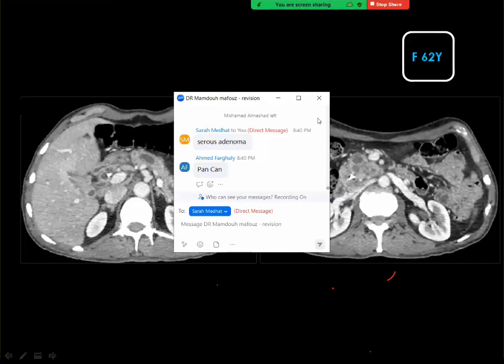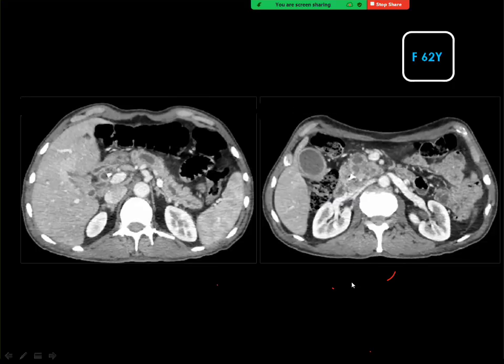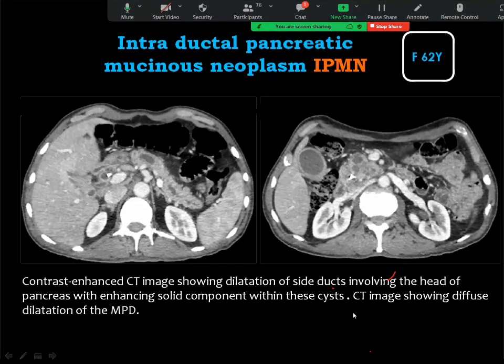Serous cyst adenoma, pancreatic carcinoma, IPMN. Yes, this is right, IPMN. Yes, this is an intraductal pancreatic mucinous neoplasm. It's very important if you see that the main pancreatic duct is dilated. And if you look carefully at the pancreatic head, you do not see a mass that can explain this obstruction.